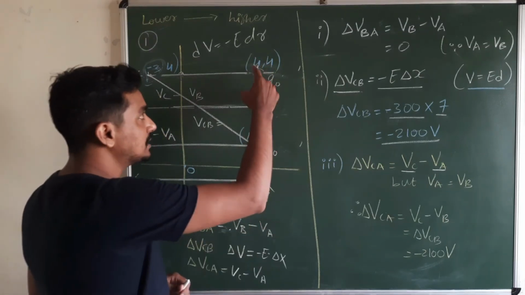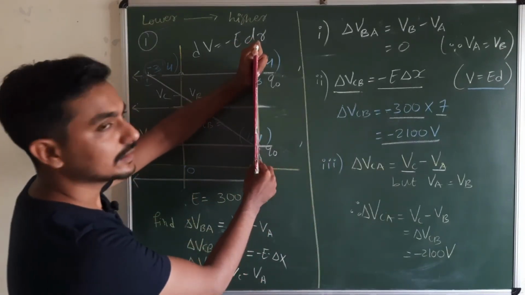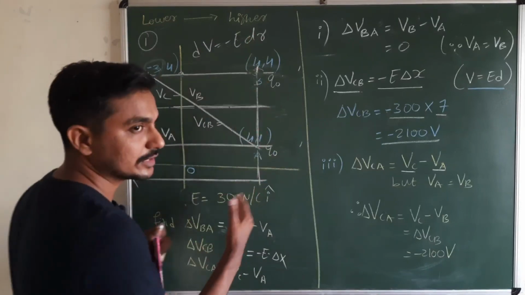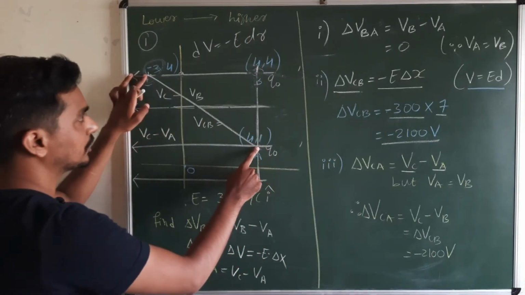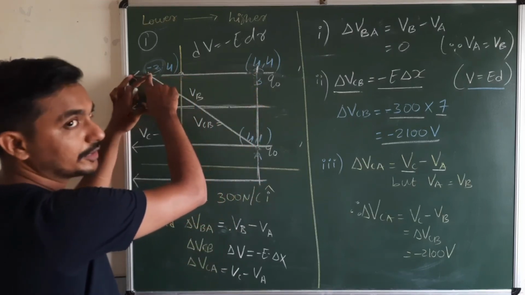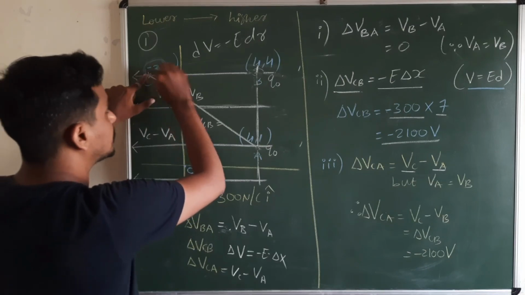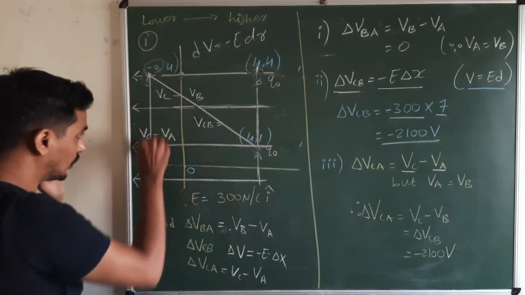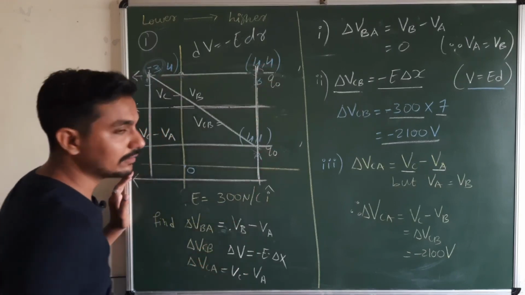So this whole surface has an equal potential. If you bring a charge from this point to this point, or from this point to this point, the work done will remain the same. Similarly, anywhere on this line, because this line is again an equipotential surface.